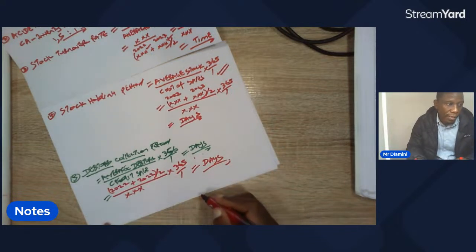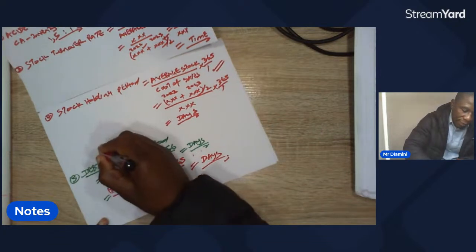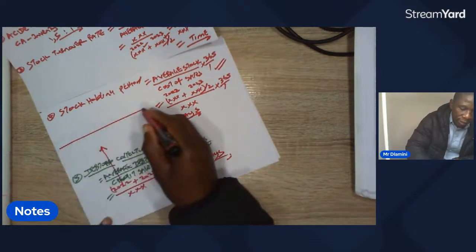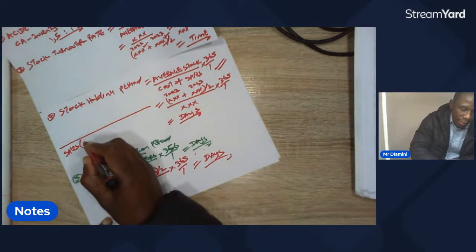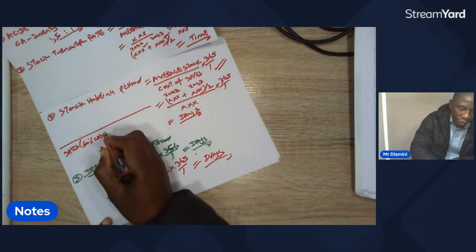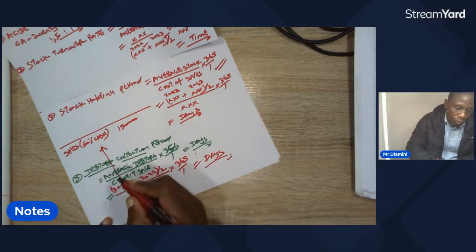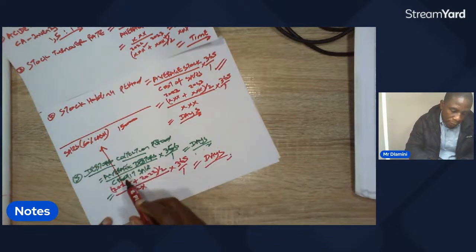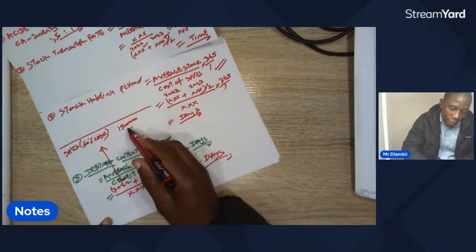Very important, right? Remember, sometimes you will be given total sales instead of credit sales. They might not give you the figure straightforward; maybe they will say sales 15,000, and in brackets say 60% is for cash. So from this 15,000, 40% is credit sales.